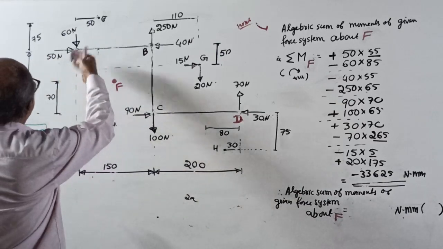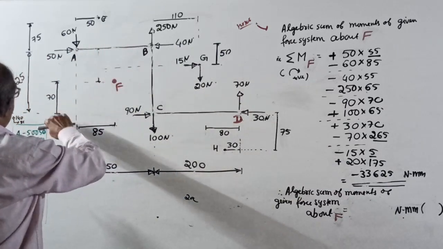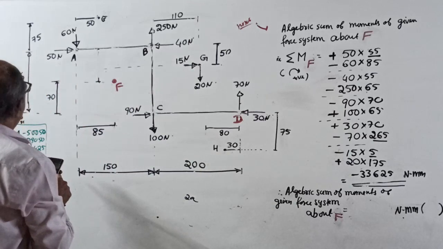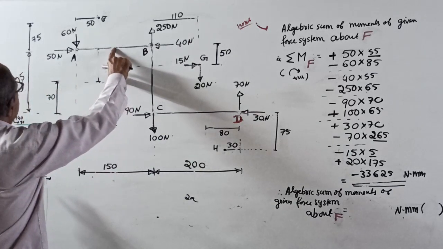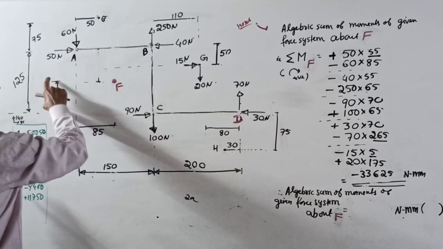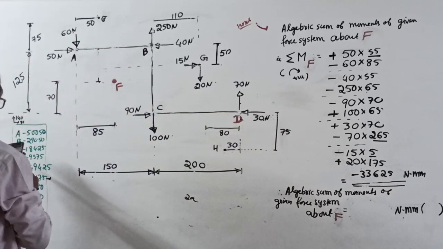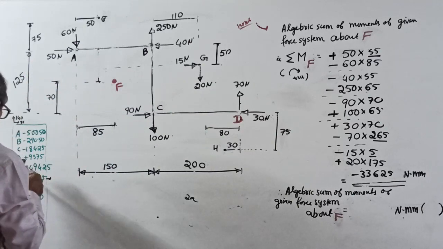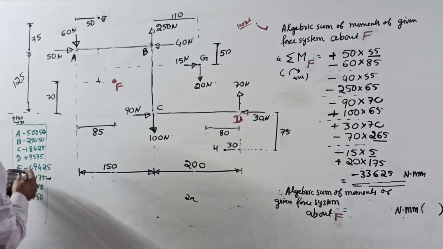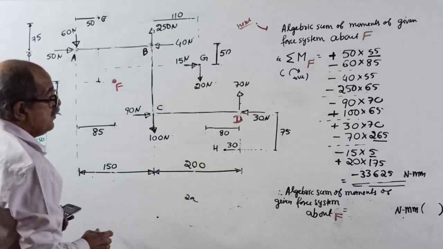Then plus 85 into this distance I want. This distance is 50 and 125 means 55. 33475. So now I am getting 33175. There I got 33625 for the F point.